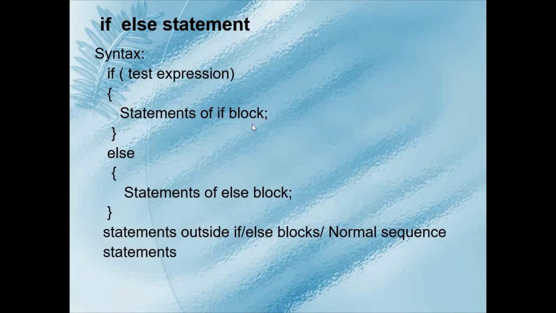The if block is also called the true block and the else block is also called the false block. After executing the if block or else block, the control will be transferred to the statements outside the if-else blocks.